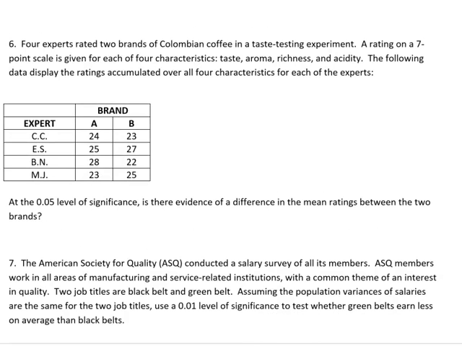There it is. Number 6 says, 4 experts rated 2 brands of Colombian coffee in a taste testing experiment. A rating on a 7-point scale is given for each of the 4 characteristics: taste, aroma, richness, and acidity. The following table displays the ratings accumulated over all 4 characteristics for each of the experts. So I see row labels.